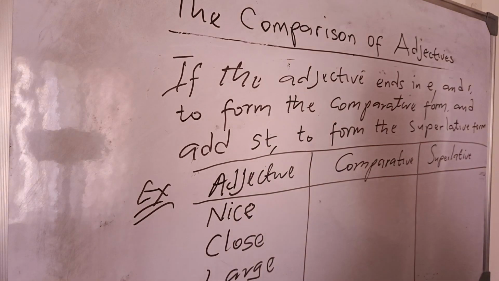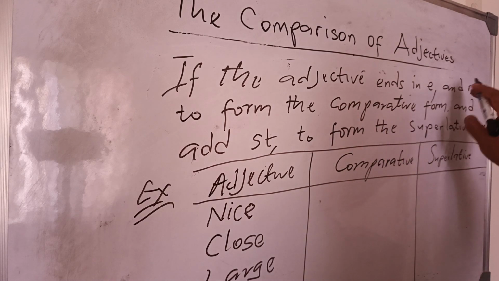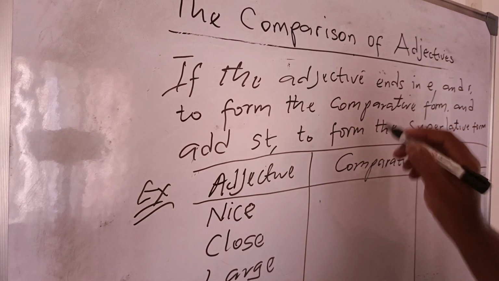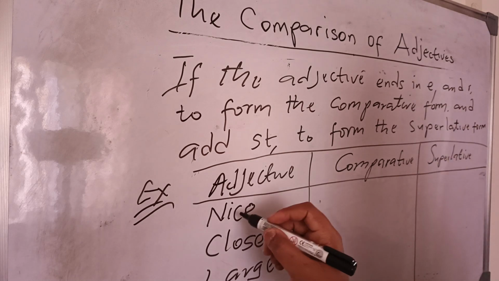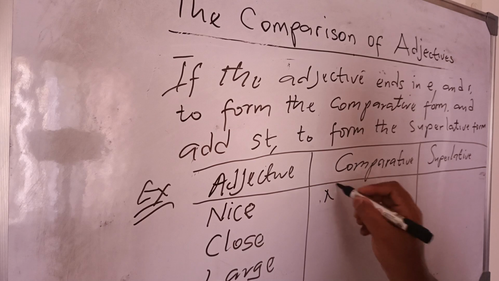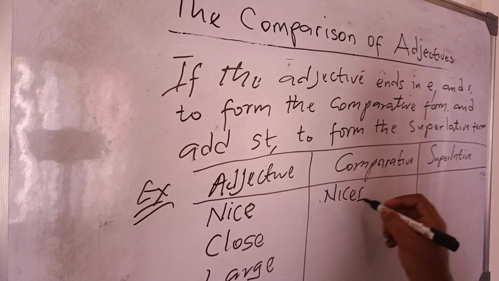So they end in E. To form the comparative, we add the R. So this is nice. It becomes what? Nicer. So we add the R.